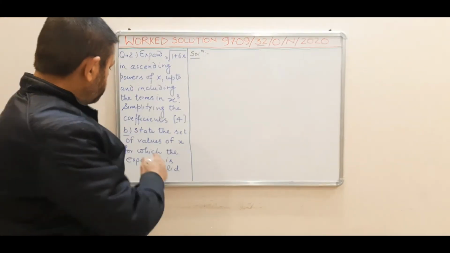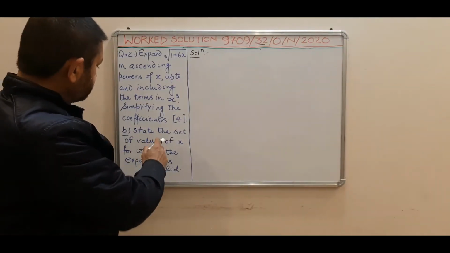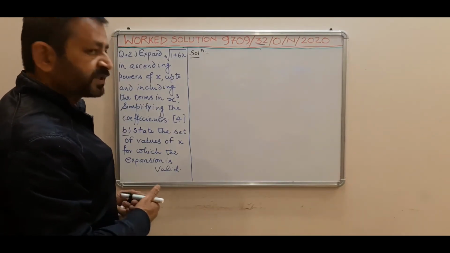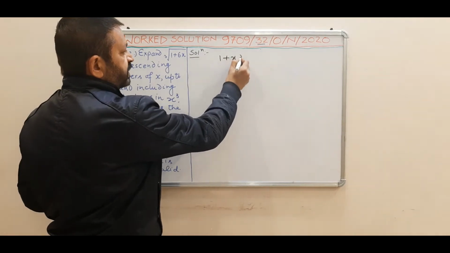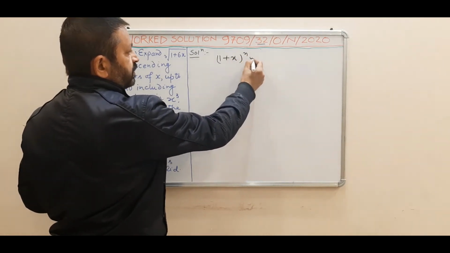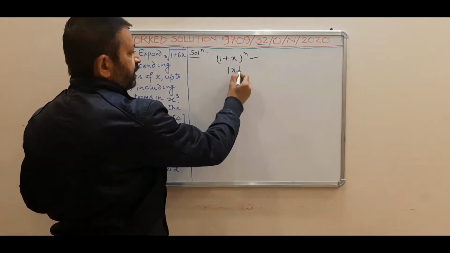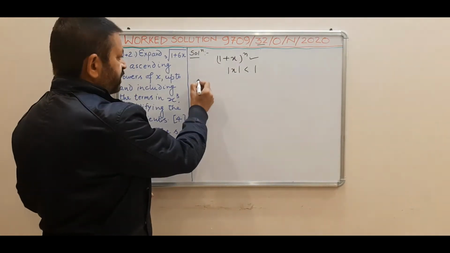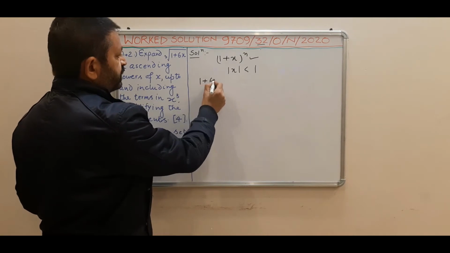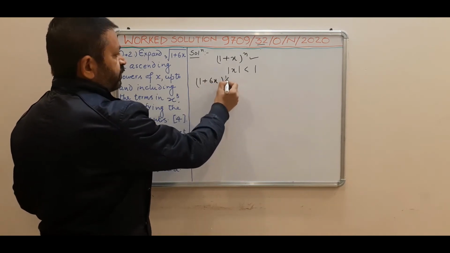Second question's B part says: state the set of values of x for which the expansion is valid. So we know that for (1 + x)^n, this expansion is valid for all values of x with mod of x less than 1. So as per our case, we have (1 + 6x)^(1/3).